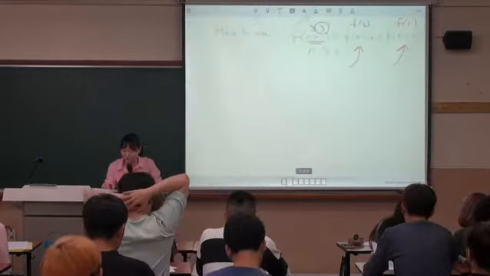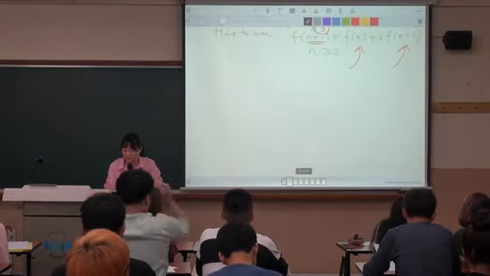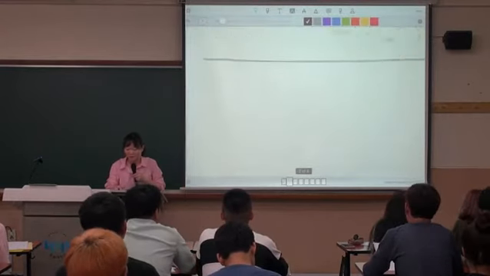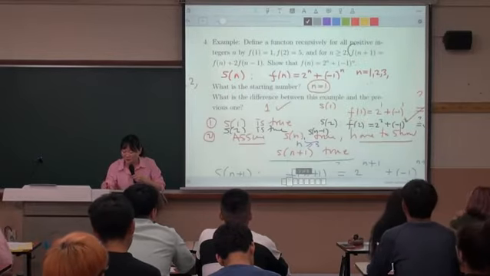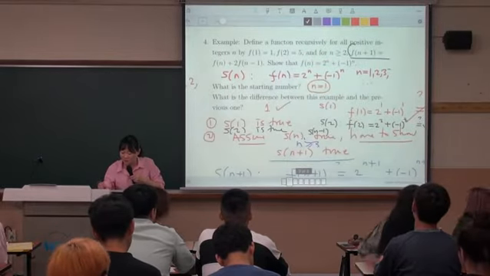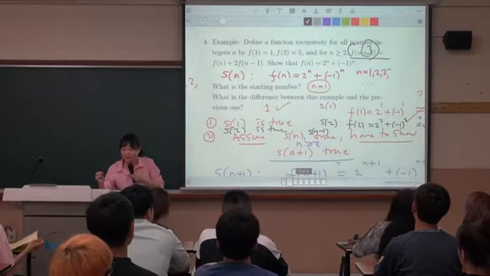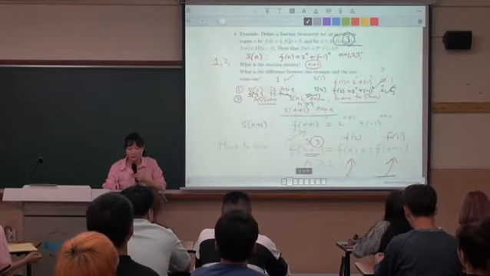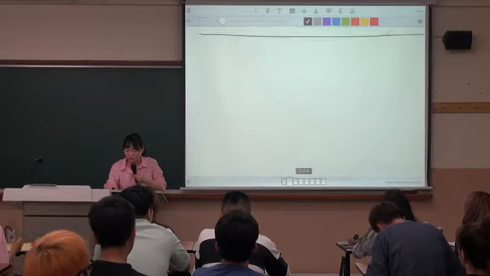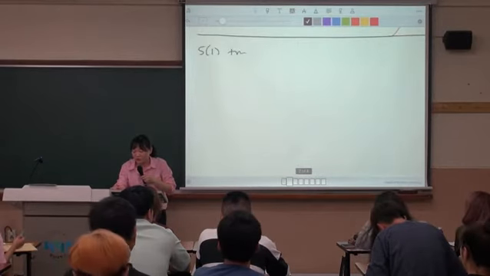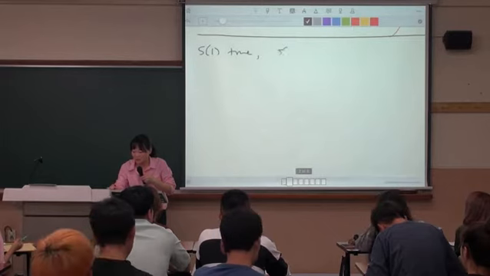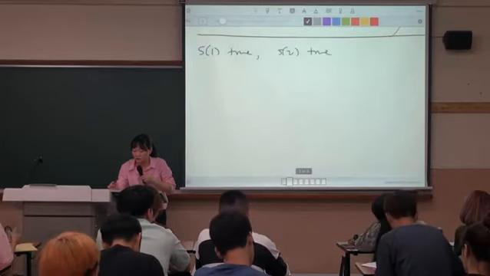So let's go back to this one. We'll start all over again. Okay? Because this formula starts at 3, we have to check 1 and 2. So S of 1 is true. We checked this earlier. S2 is true. We checked that.